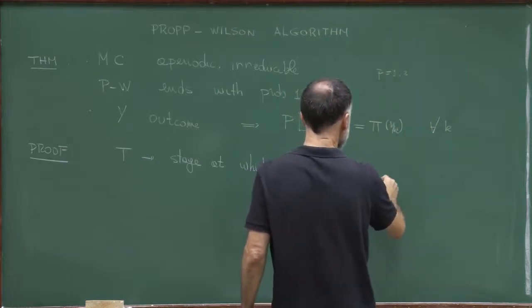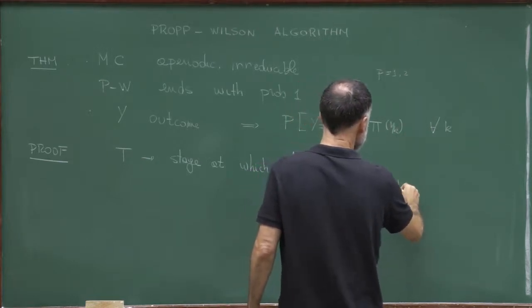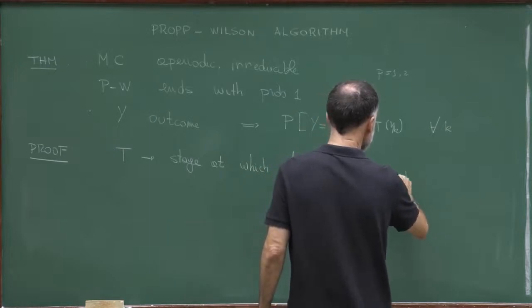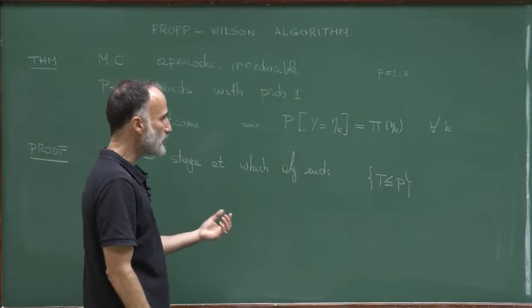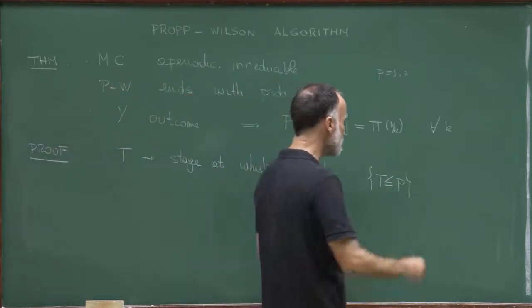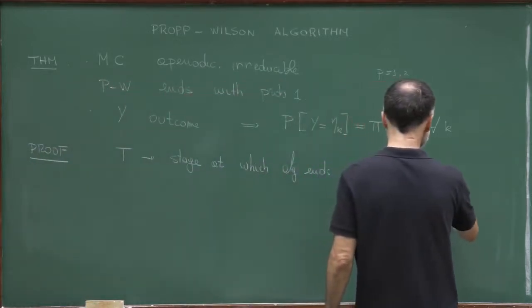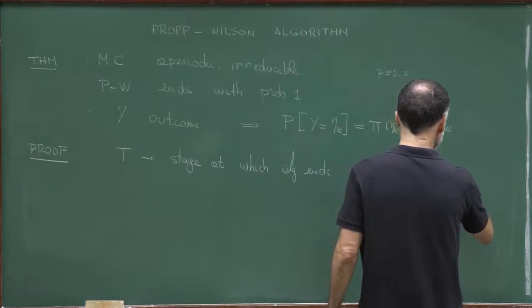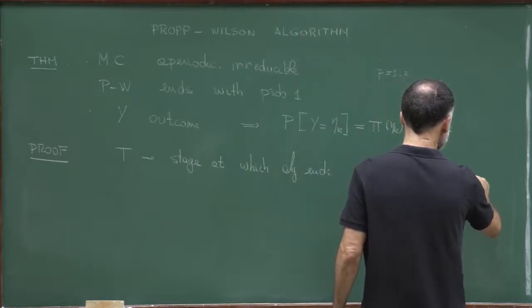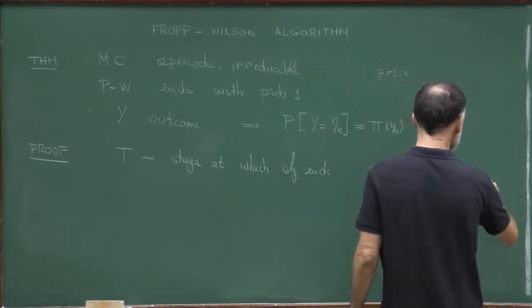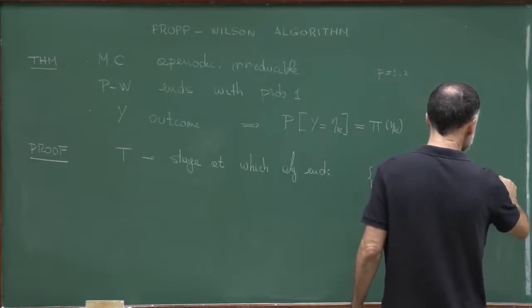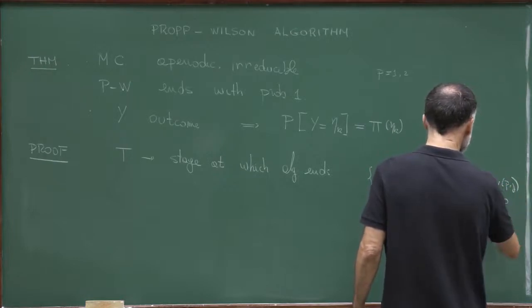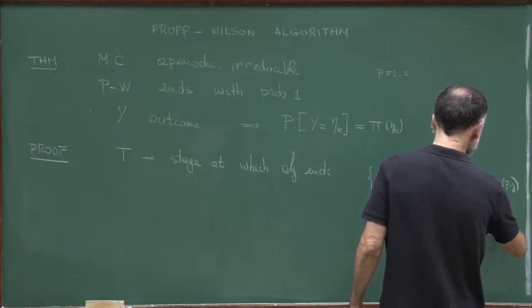So this means that t is less than or equal to p, so the algorithm ends before stage p. This means that if I run the process at stage p, starting from k at time 0, this is equal to x p j 0 for all k and j.